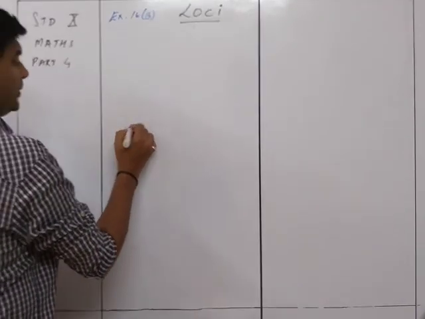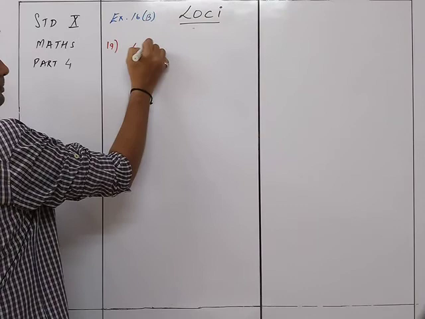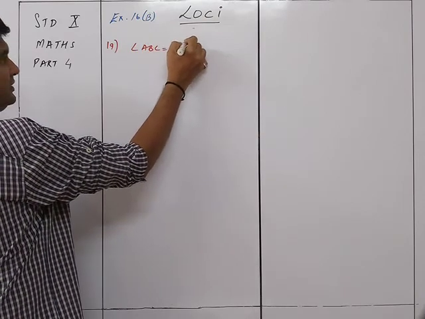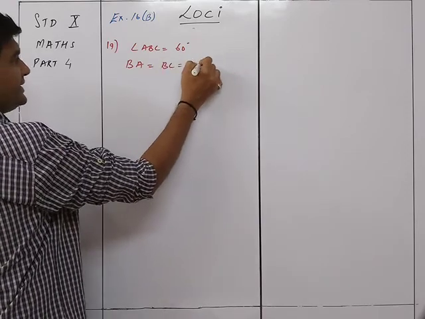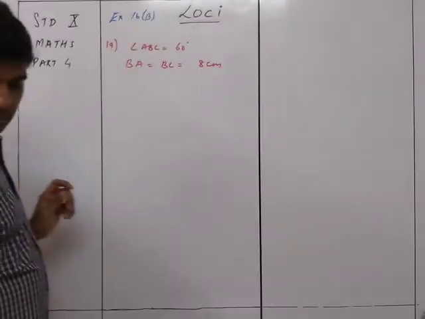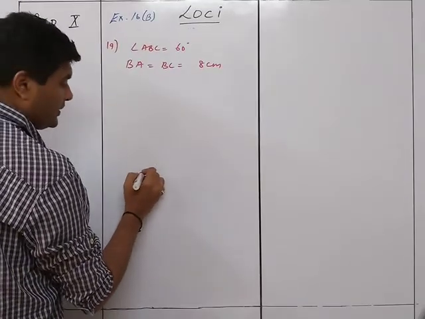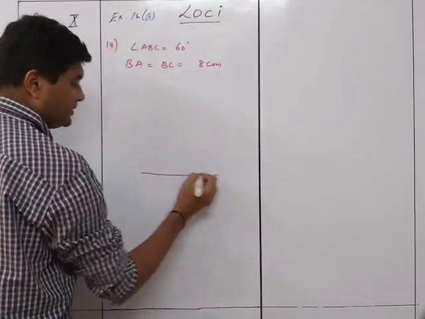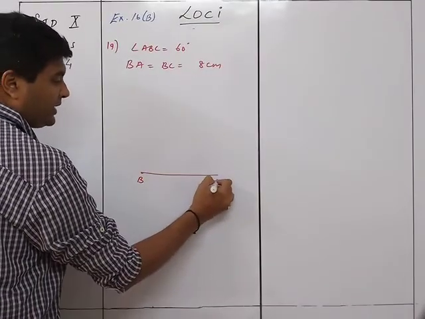So we have sum 19: angle ABC is equal to 60 degrees and BA is equal to BC is equal to 8 centimeters. Let's do that much first. We have this particular line, which is given as BA, or we can take BC also.